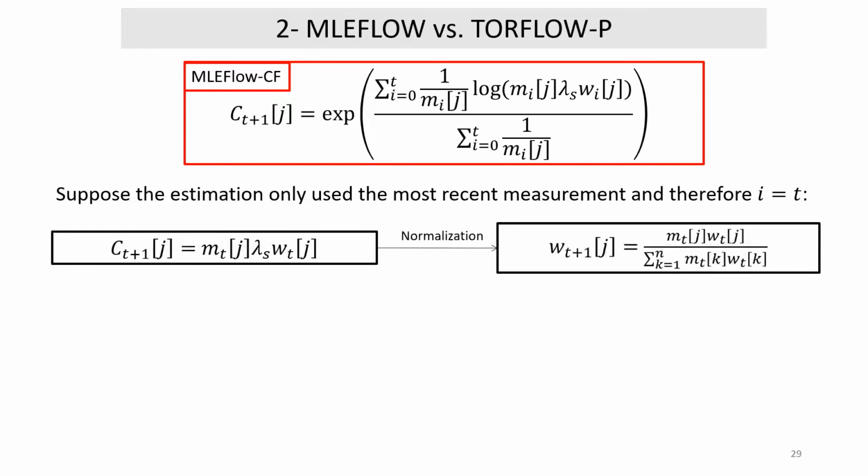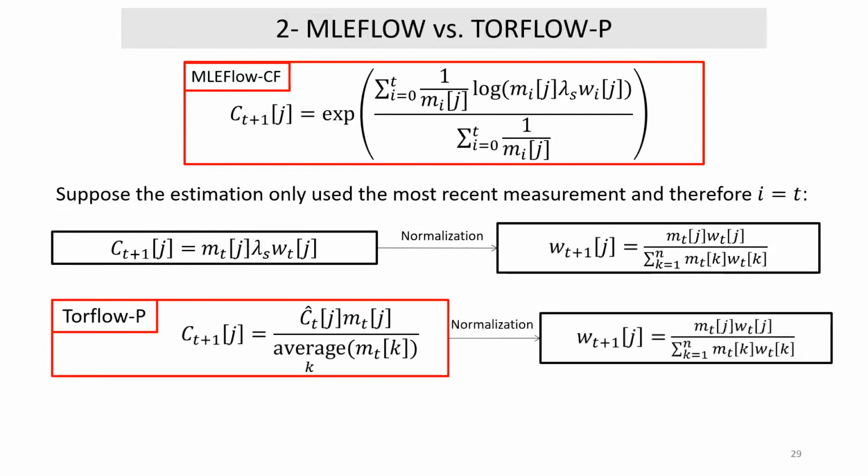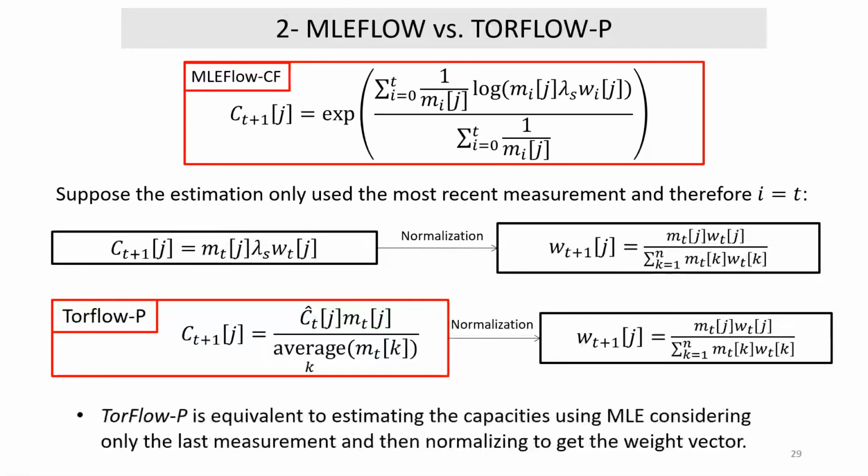If we normalize, we'll find the weight at t plus 1, and if we compare this weight to the weight obtained after normalizing the estimated capacities of TorFlow-P, we can see that TorFlow-P is actually equivalent to estimating the capacities using MLE, considering only the last measurement and then normalizing to get the weight factor.